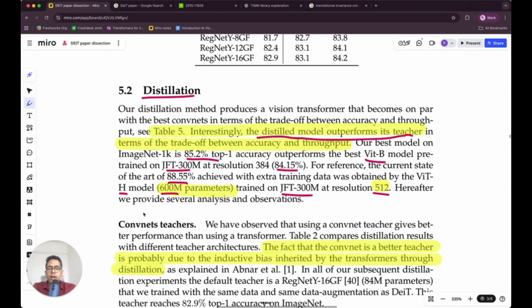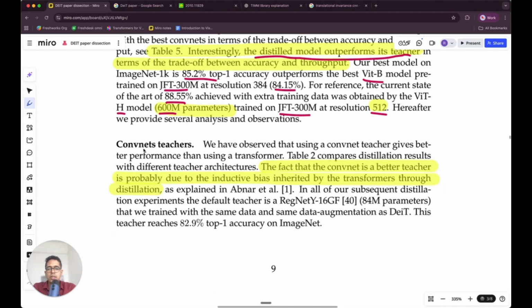Hereafter, we provide several analyses and observations. ConvNet teachers. We have observed that using a convnet teacher gives better performance than using a transformer. This we discussed earlier, but results we are yet to see. Table 2 compares distillation results with different teacher architectures. The fact that a convnet is a better teacher is probably due to the inductive bias inherited by the transformer through distillation. So if the teacher is a convnet versus another bigger vision transformer model, having a convolutional neural network teacher is better.